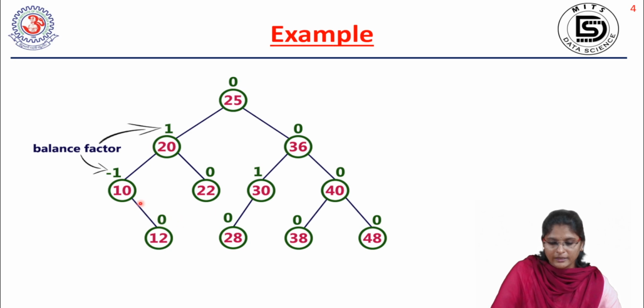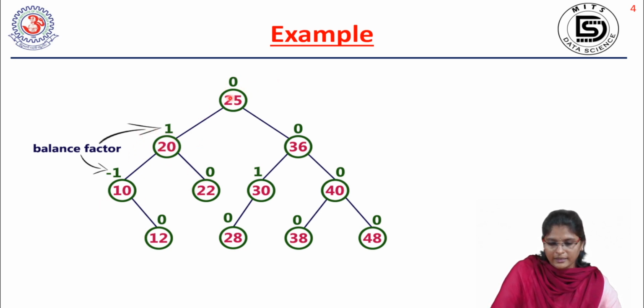This is the main node, or root node. Here the left side has height 2 and the right side only 1. So 2 minus 1, here it is 1.